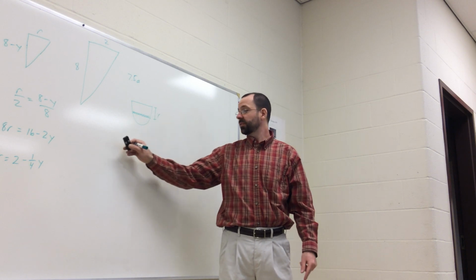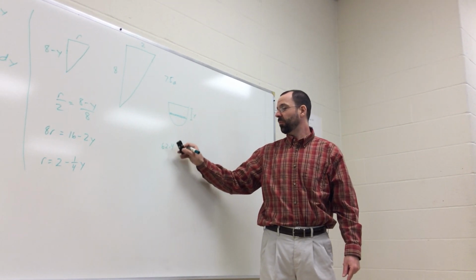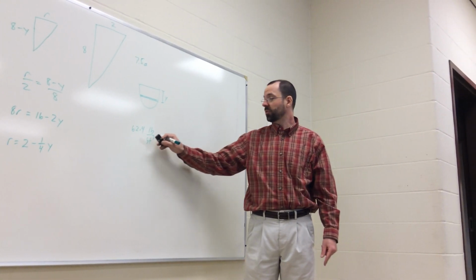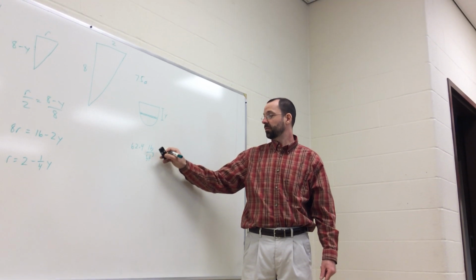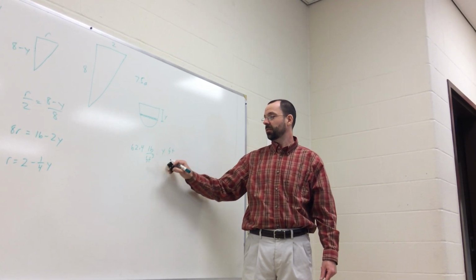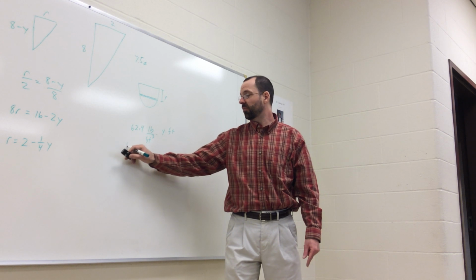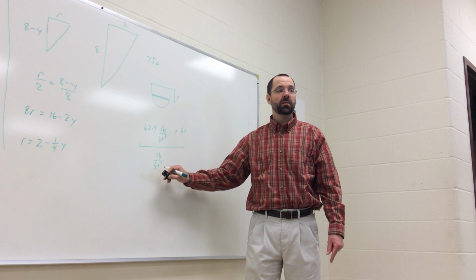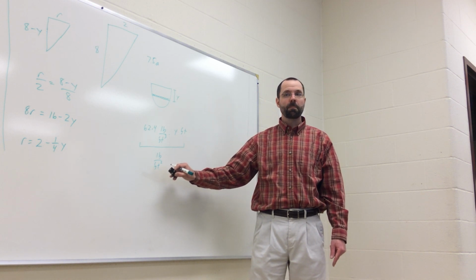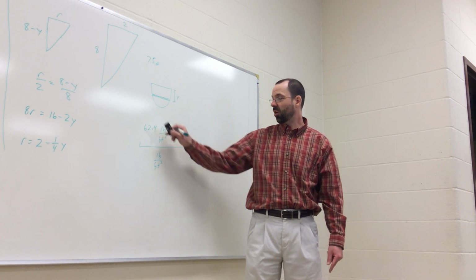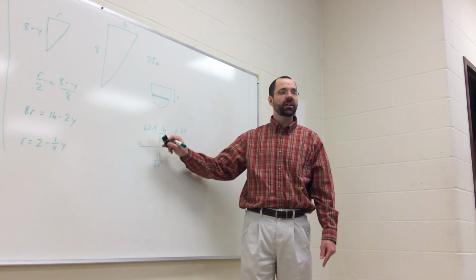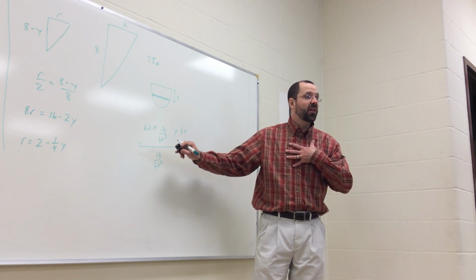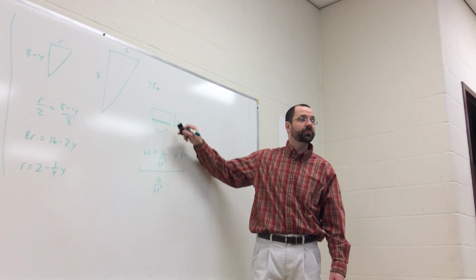Water weighs 62.4 pounds per cubic foot. So if you multiply that by the depth, which is in feet, you get the number of pounds per square foot. So all of this here, 62.4y, represents the number of pounds per square foot that is felt at that depth.